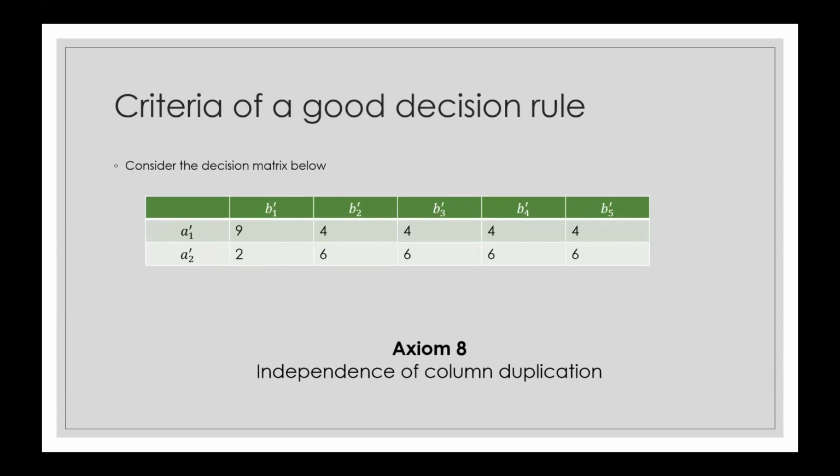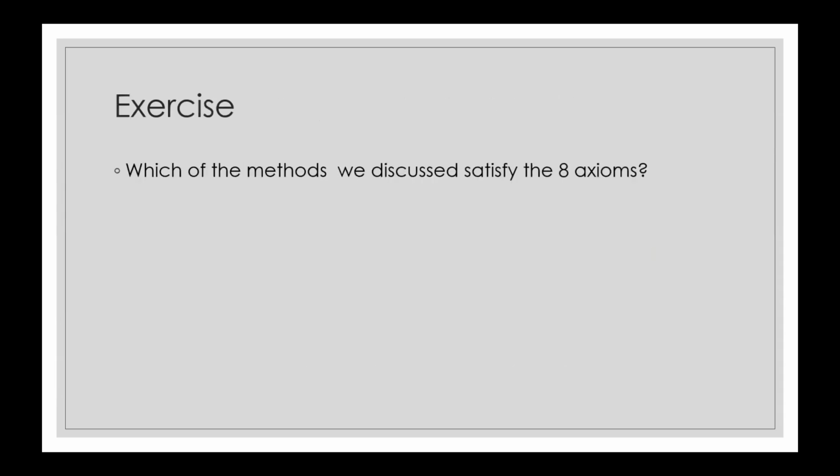So we have done enumerating the axioms, or the criteria which make up a good decision rule. Now we have to be critical. We have to ask this question: which of the methods we have discussed, the maximin, the regret, the optimism-pessimism index, the Laplace, which of those would satisfy all of the axioms?